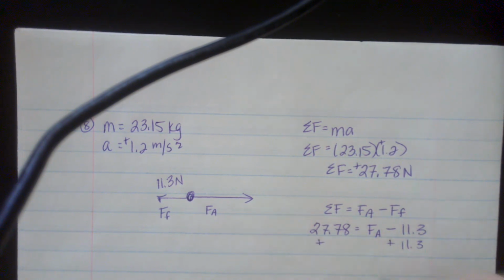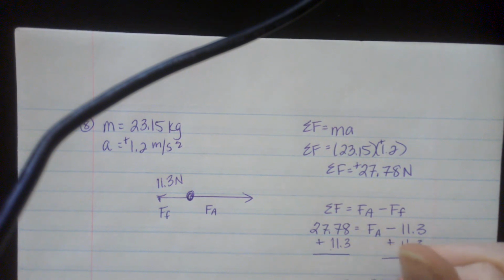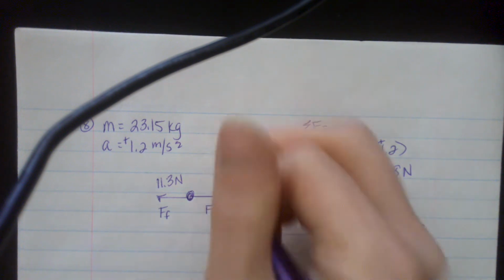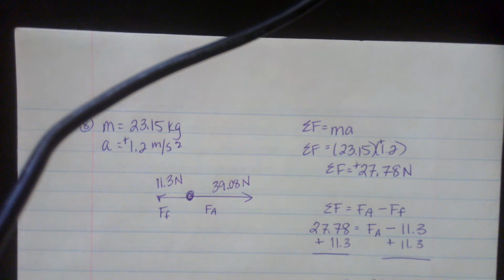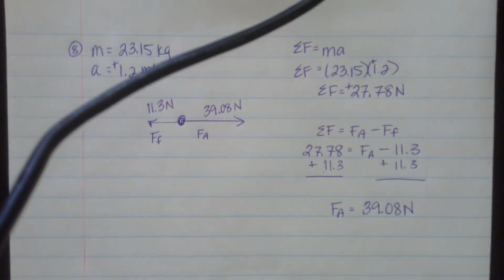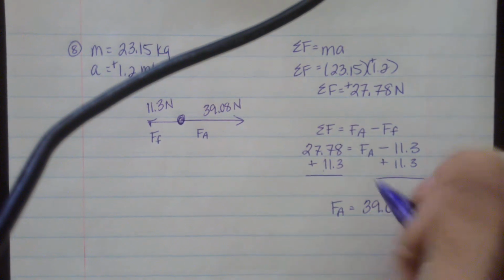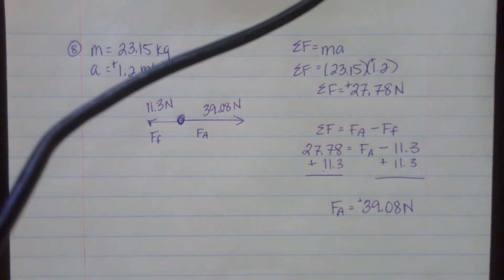So we would add to isolate FA. 27.78 plus 11.3 gives us 39.08 newtons. So that's what our force would be here. Okay? That is positive.